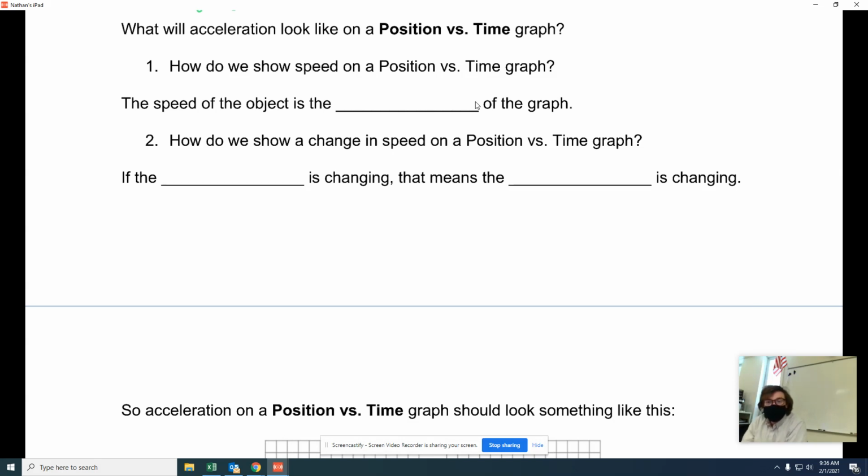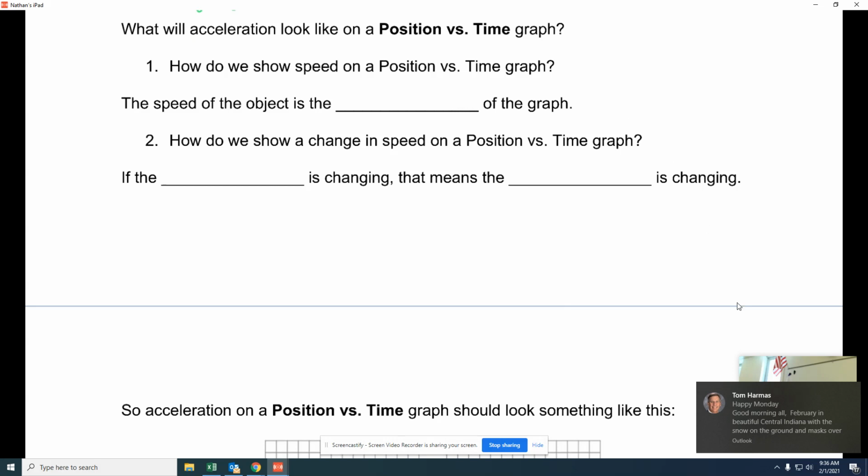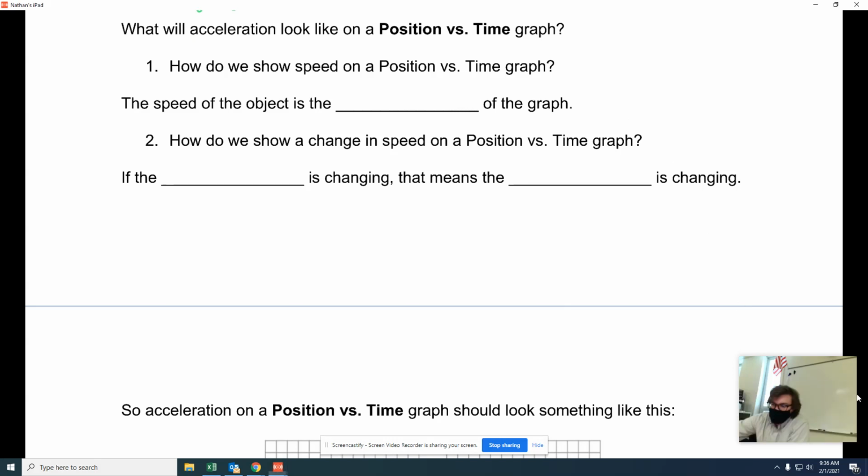The next thing we're going to look at are some graphs. So we've got two different types of graphs. Position versus time graphs we looked at in the last unit, so this shouldn't be too crazy. How do we show speed on a position versus time graph? If you think back to last unit, the speed of the object was always the slope of our position versus time graph.